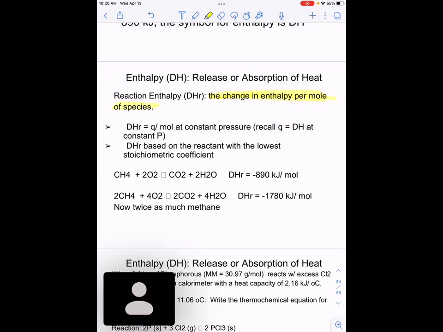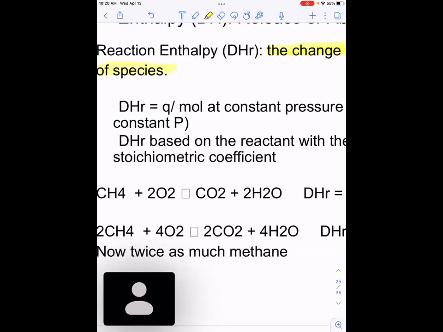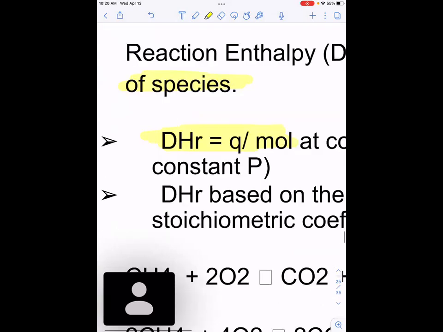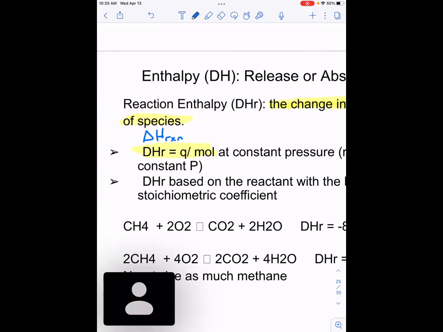And it is the energy or the heat given off per mole at constant pressure. This is not DHR, it's delta H. And a lot of times you'll see this written as delta H reaction with the RXN subscripted.